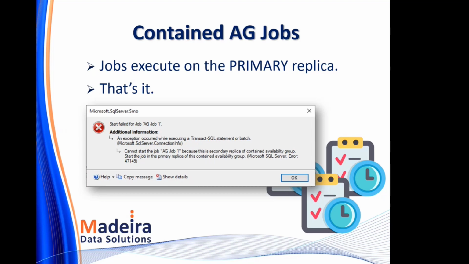But what if you have a scenario where you do need the job to run only, let's say, on a secondary, or maybe on all replicas of the availability group? Then contained availability groups do not provide the solution for that. What does provide the solution is the script I mentioned earlier, the solution developed by Madeira Data Solutions, which you can access over this link, bit.ly.